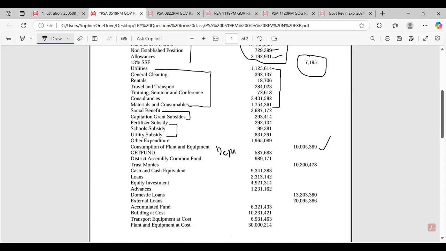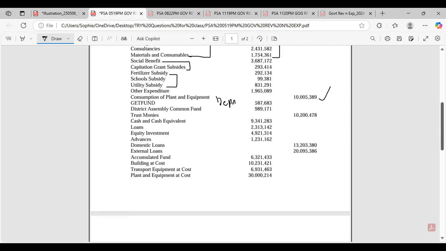But the current year's depreciation is what will go to the current expenditure. So consumption of fixed assets, depreciation will be the current year. But in the balance sheet, it's going to be this accumulated plus the current year. Then the figure we get, we subtract from the cost of the asset. I see some cost of assets down here.